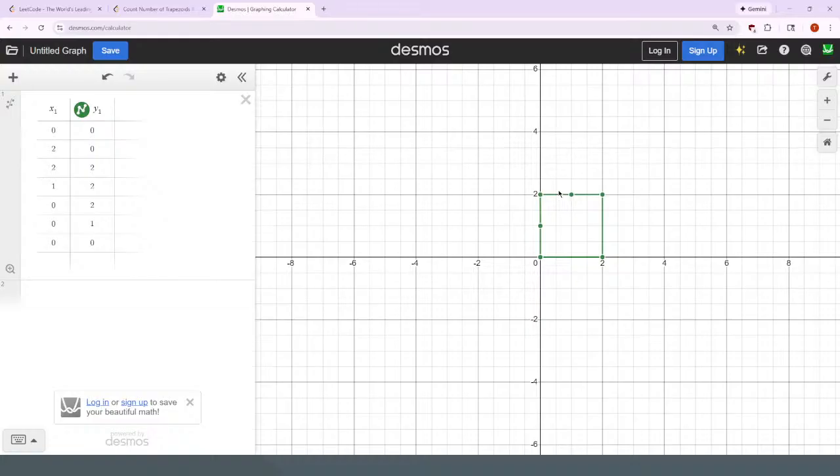What if I... this is not going to work, because the leftmost points here are vertical.